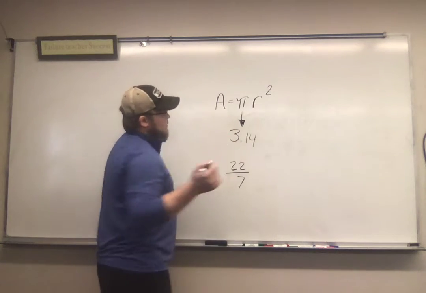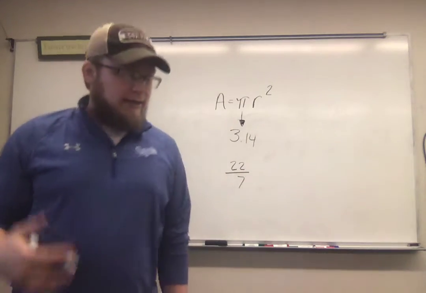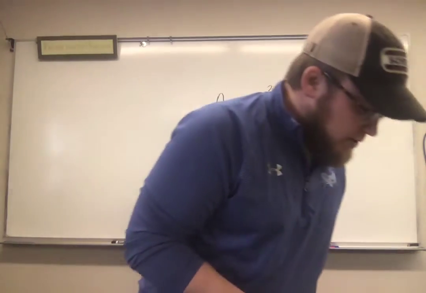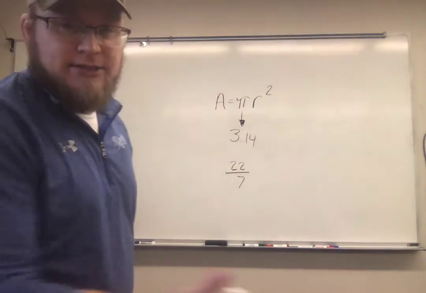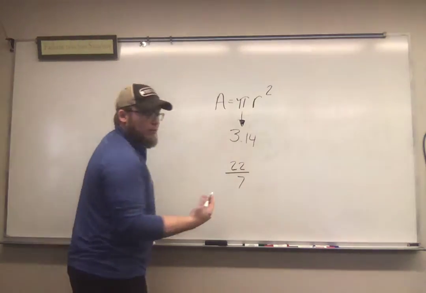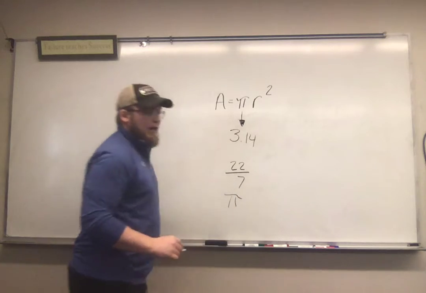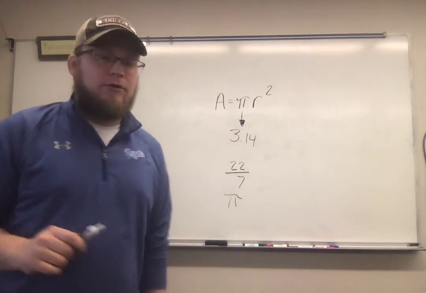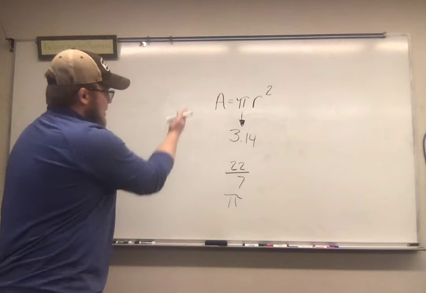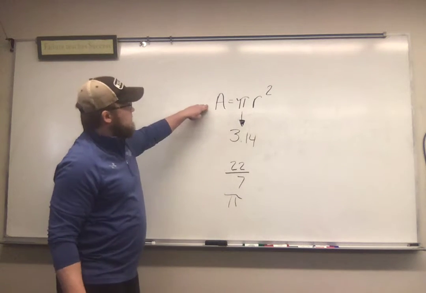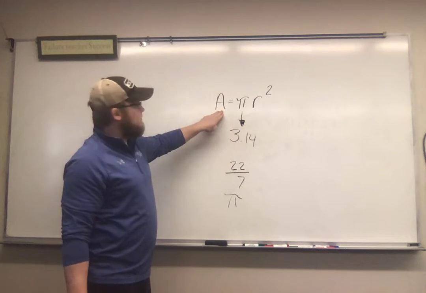Okay, and then the other one, sometimes it will say leave pi as pi, which I do not believe we have any of these today, as I just saw, and we don't. But sometimes you will just leave it as pi. We'll go to that down the road. Okay, so again, formula, A stands for area, that's our answer.